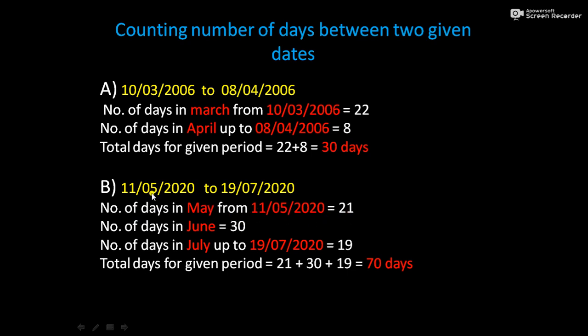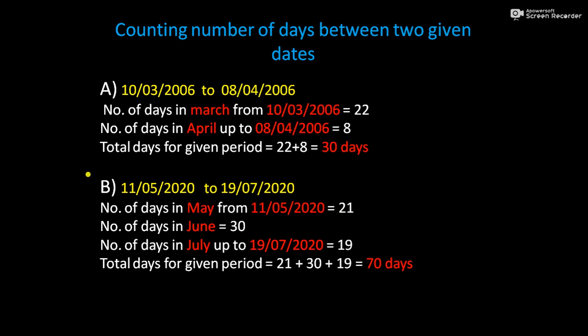Between May and July we have June, so the number of days in June is 30, and this is the ending date. Up to 19th July we have 19 days. So you can see total days for the given period equals 21 plus 30 plus 19, which equals 70 days. In this way we get 70 days between 11th May 2020 and 19th July 2020.